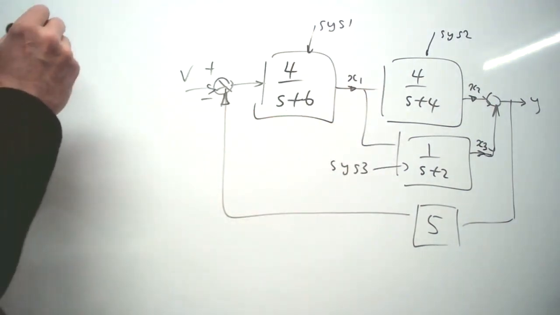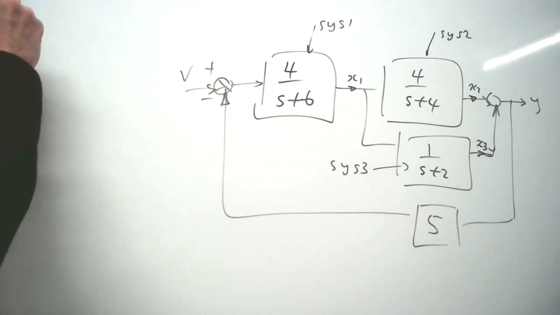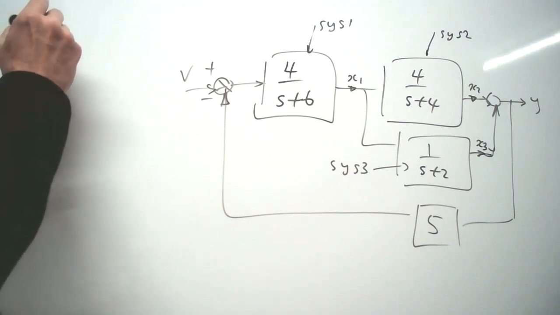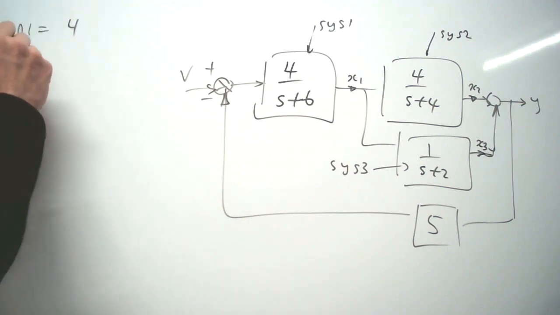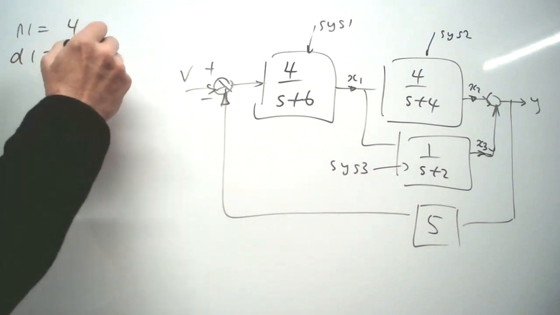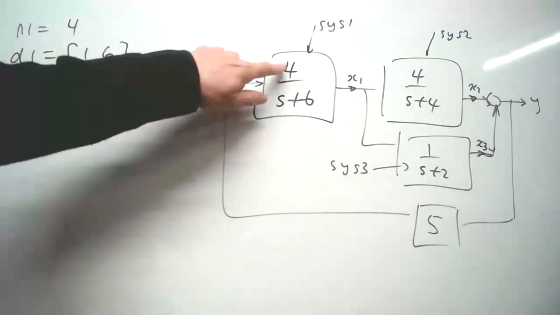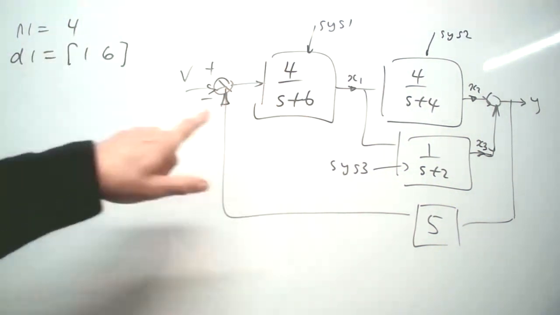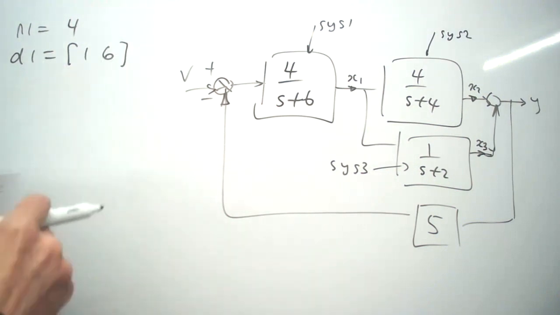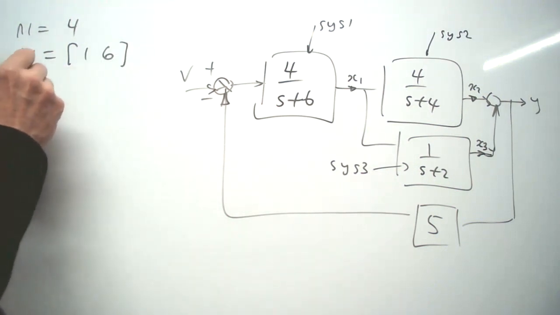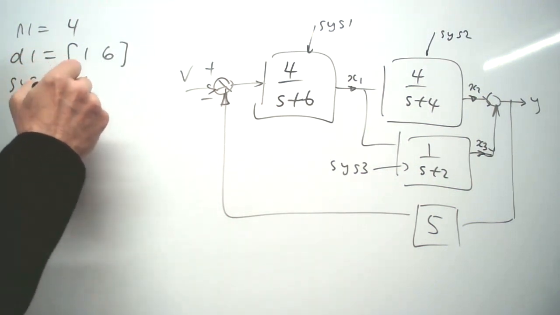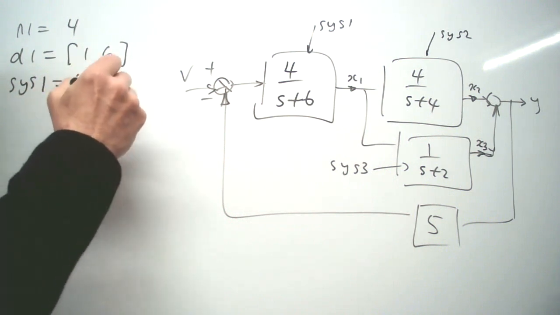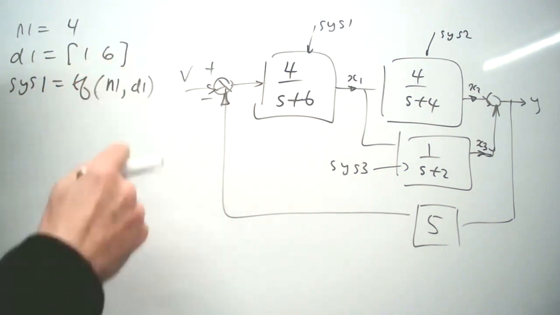So I'll put, say, n1 is 4 and d1 is 1, 6. So I put the 4 in and then the 1, 6 in square brackets. And sys1 equals tf, round brackets, n1 comma d1.